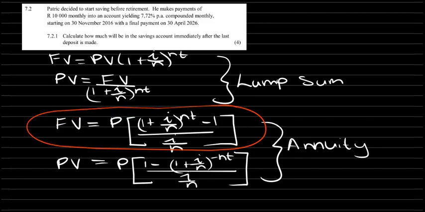Okay, so let's go. We said that the future value, which is what they are looking for, equals the payments multiplied by (1 plus the interest rate over n) to the power nt, minus 1, over i over n. Okay, so let's start putting in the values that we know.